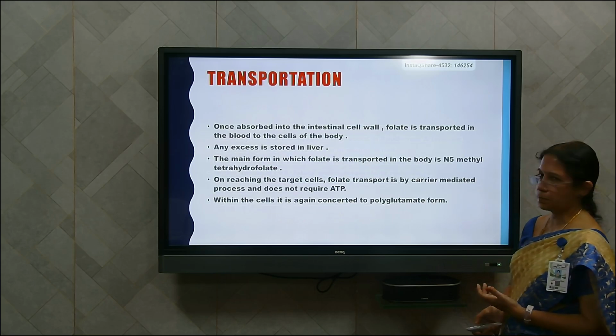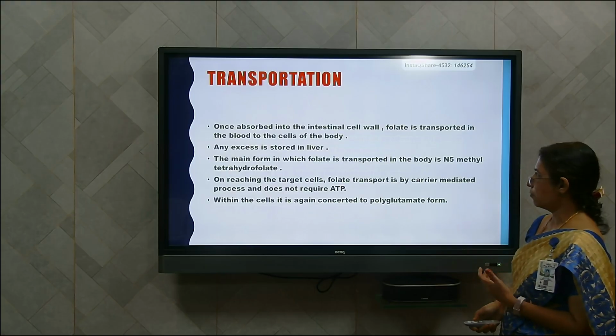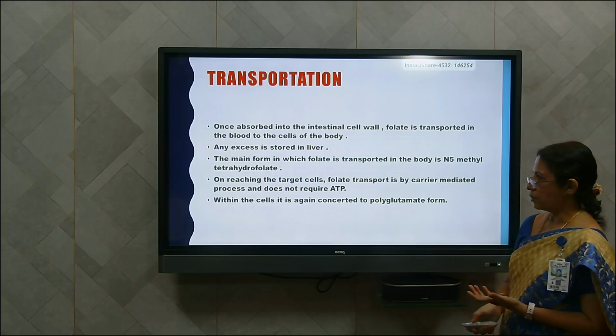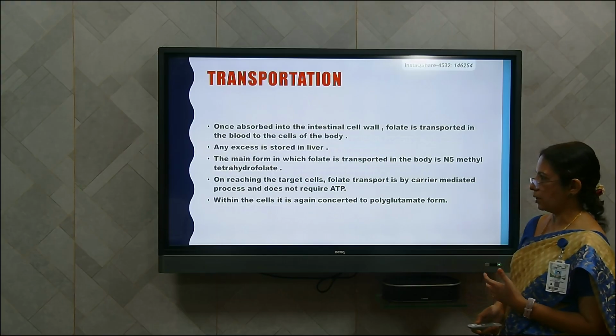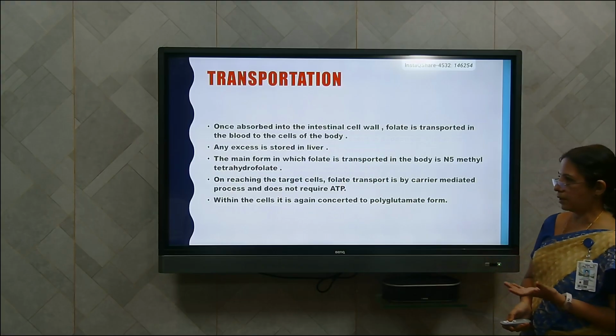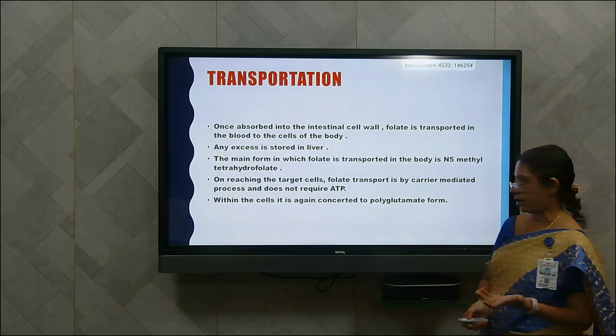Coming to the transportation, once absorbed into the intestinal cells, folate is transported in the blood to the cells of the body, and then the excess gets stored in the liver. So the main form in which folate is transported is actually the methylated form, methylated in the fifth position, N5-methyl tetrahydrofolate.